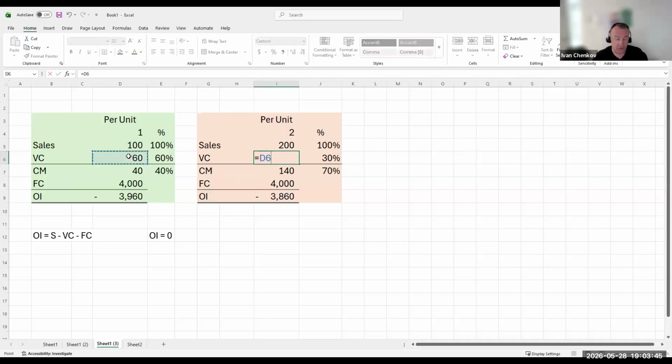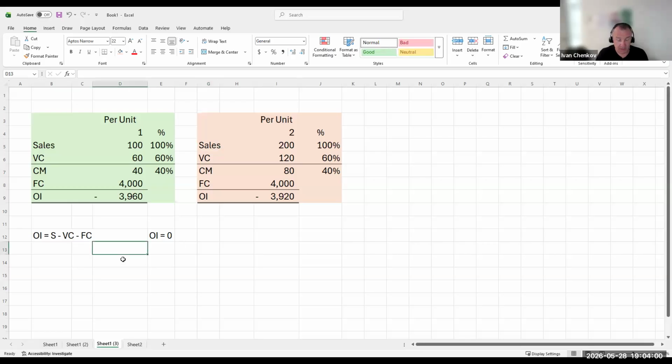My variable cost also is going to double. And my contribution margin is going to double. So for that reason, my sales are always going to be equal to the number of units that I'm selling times sales price per unit.